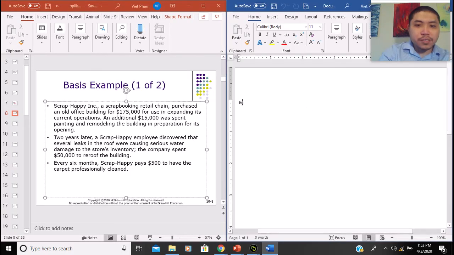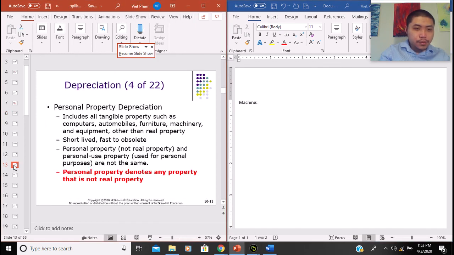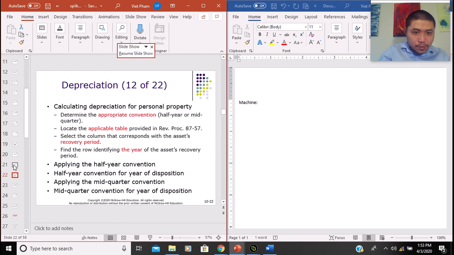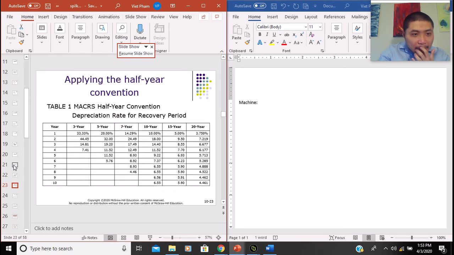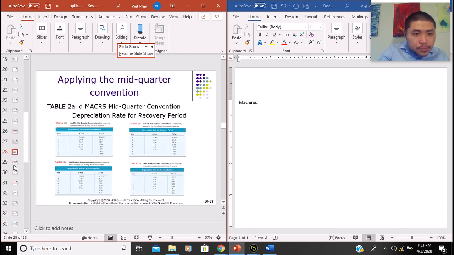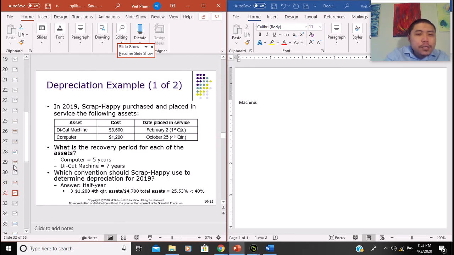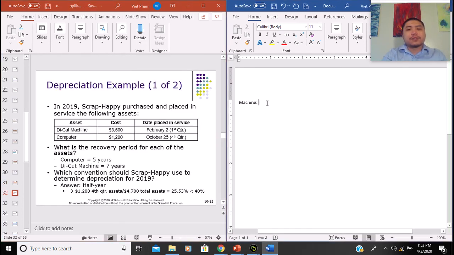So for the machine, the basis was $3,500.